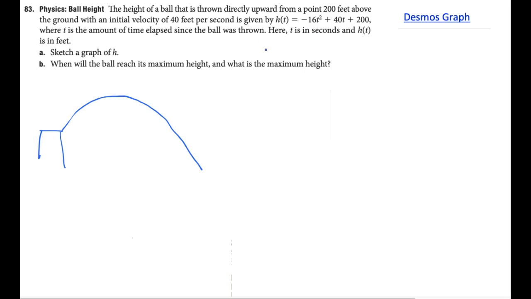So here we've got h of t, the height with respect to time, which is negative 16 t squared plus 40 t plus 200. Okay, so t is the amount of time elapsed since the ball was thrown. So they want us to sketch a graph. Well, I just did. So that's the general idea of the graph here.